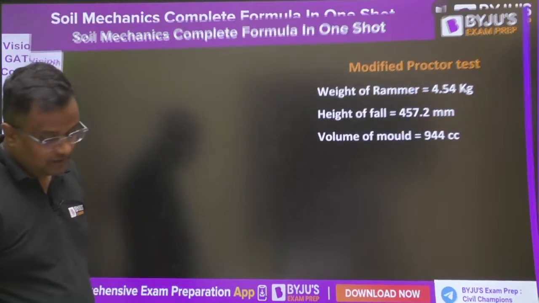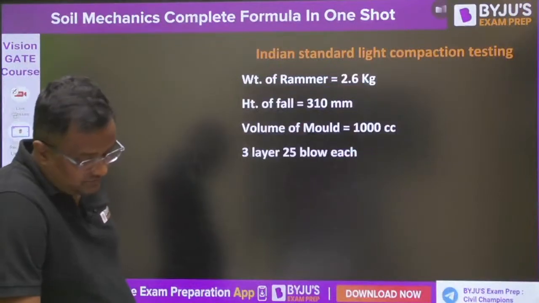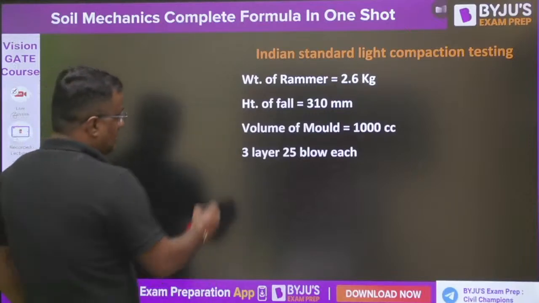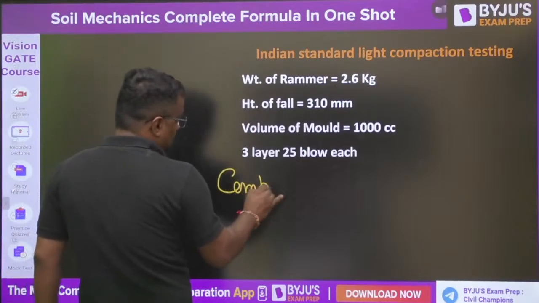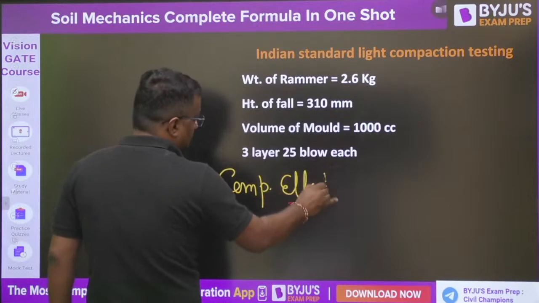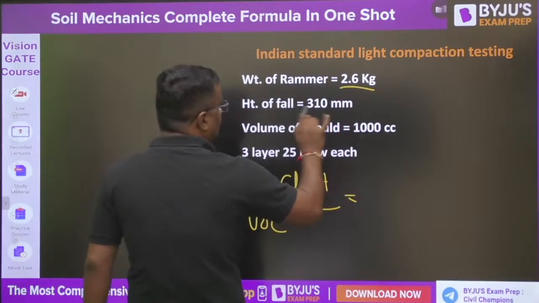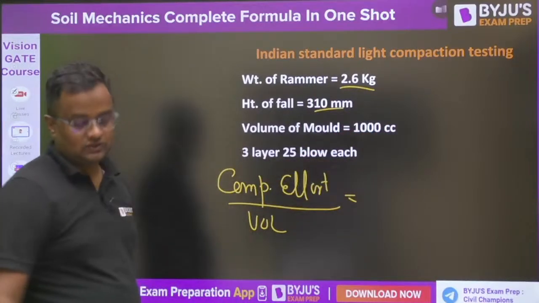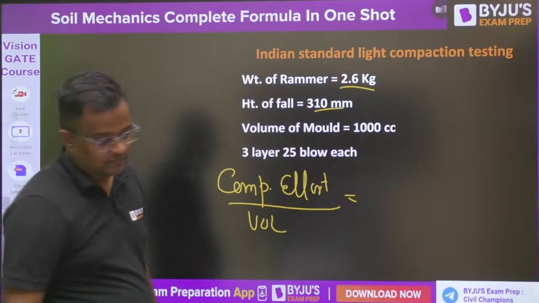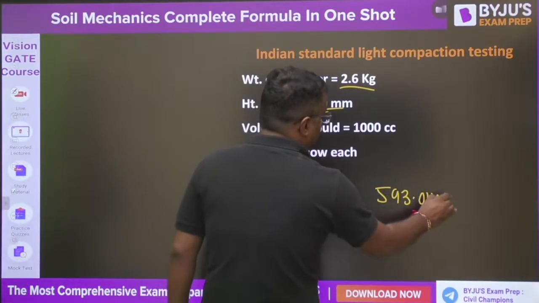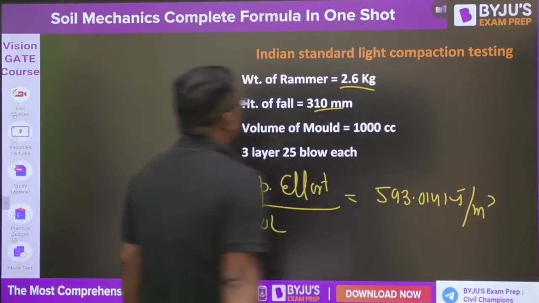Similarly, one more, the Indian Standard light compaction test: weight 2.6, 310 mm, volume this. Here also the compactive effort per unit volume is m g 9.81 into h into 3 layers of 25 blows, and this value comes to be 593.014 kilojoule per meter cube.